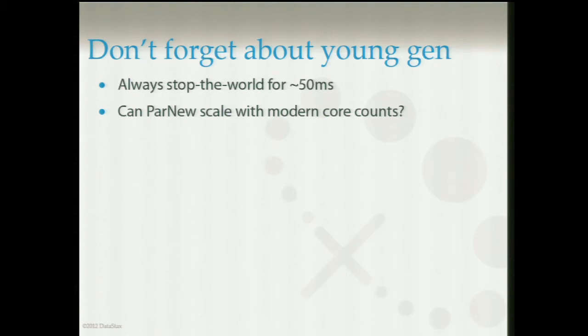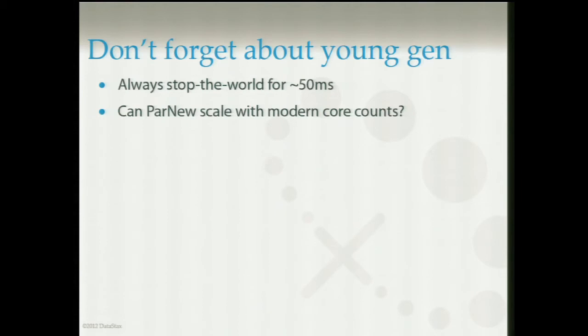So the tension is that you want your young generation to be large enough that it can handle the allocation that all your cores are throwing at it without having to tenure that data because your young generation filled up before you finished the request that allocation came from.